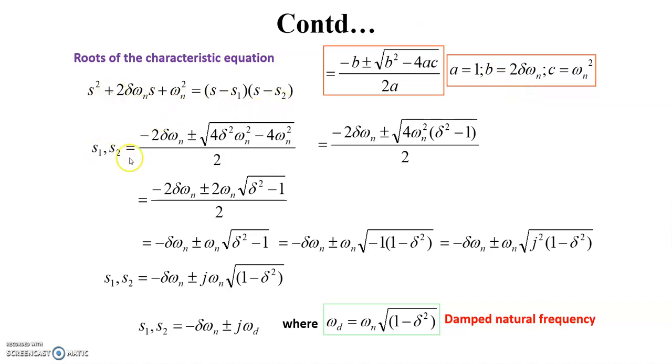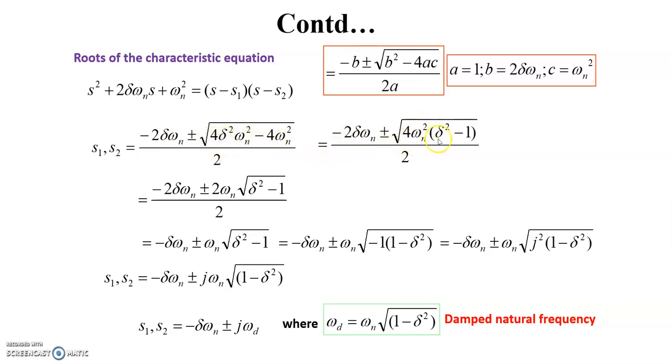So S1 and S2 are minus 2 zeta omega n plus or minus root of 4 zeta square omega n square minus 4 omega n square, divided by 2, which is equal to minus 2 zeta omega n plus or minus root of, you take omega n square outside, 4 omega n square for these two terms.